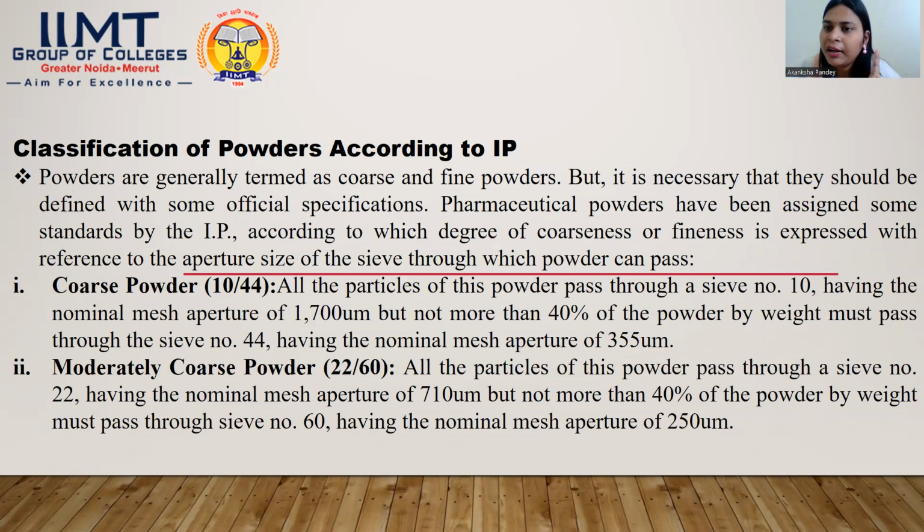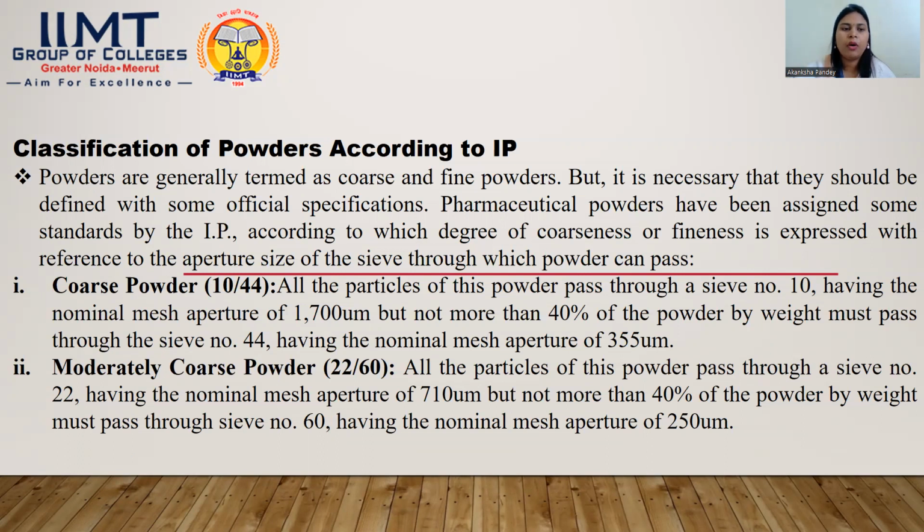If we pass it through sieve number 10, and it is passed, and further we pass it through sieve number 44, and not more than 40% of the weight passes through, the powder between these sieves is always the coarse powder.